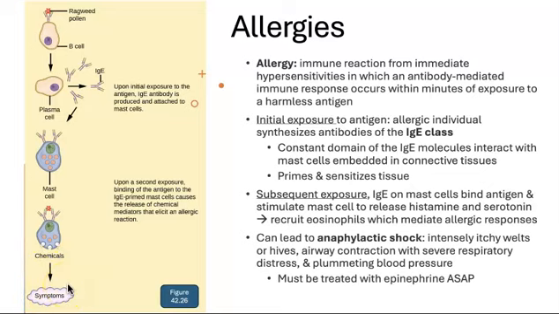Symptoms such as sneezing, itchy, watery eyes, which can lead to more fatal symptoms that could lead to anaphylactic shock. That would include intense itchy welts or hives, airway contraction, so we're getting bronchoconstriction with respiratory distress taking place, and a plummeting of blood pressure. So you have to treat individuals that are having these symptoms with epinephrine ASAP so it reverses those actions.